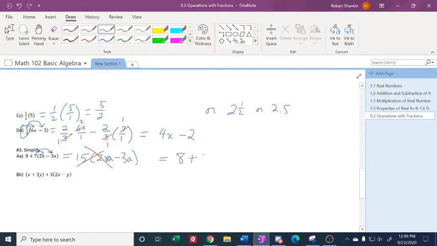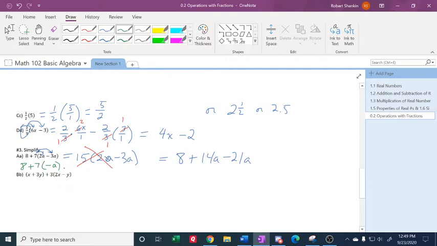8 plus, when you distribute the 7, you get 14a minus 21a. If you did it that way. Another way you could have done it is I could have just said 2a minus 3a is subtract, it's negative 1a. You don't have to write the 1.